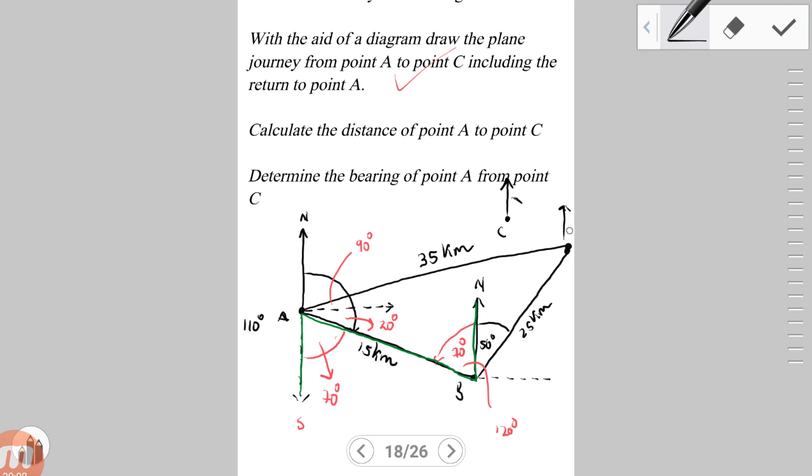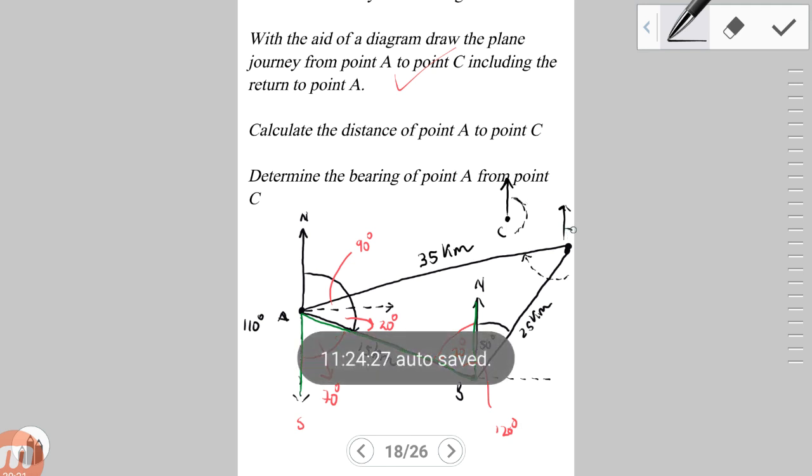I will be looking for the bearing coming all the way around here, all the way coming back to A. This part that's missing around here, I'm going to put it here, and then I come all the way around here, because that's how a bearing is measured from north.